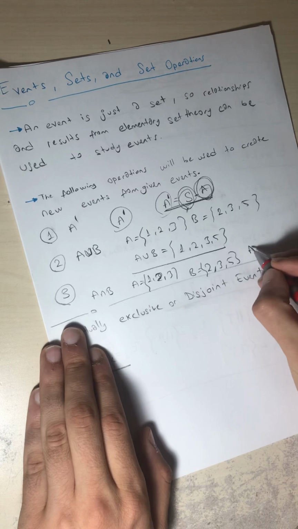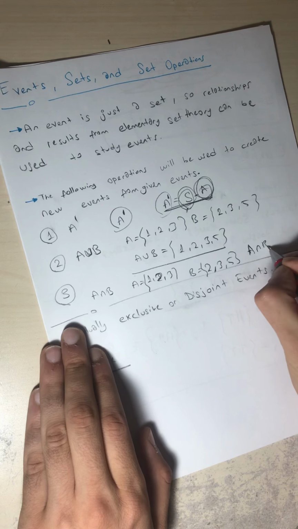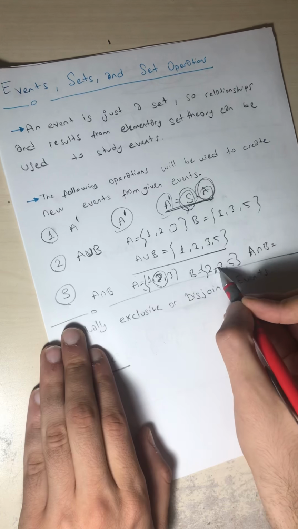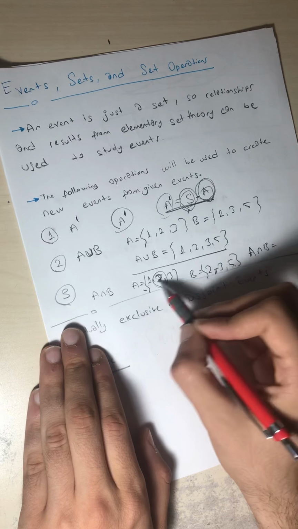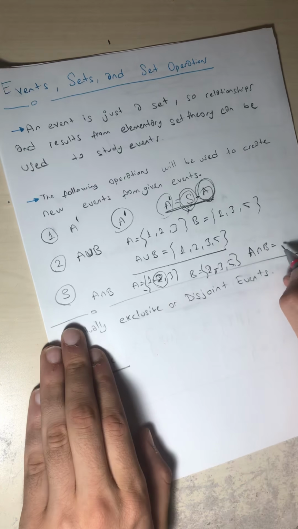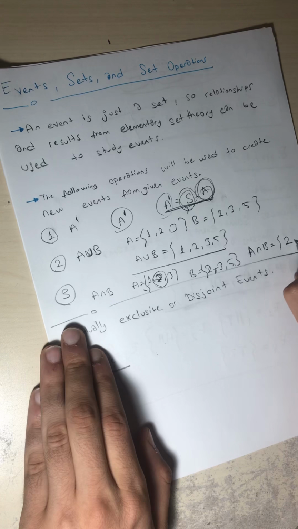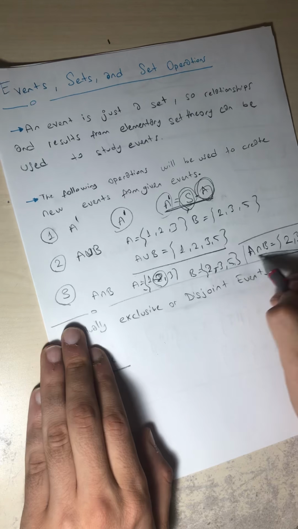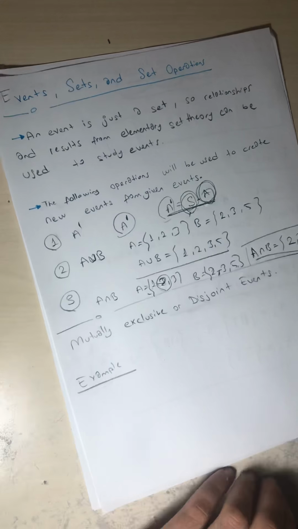Then A intersect B is gonna be equal to, they both must contain these numbers, and that's gonna be 2 and 3. Okay, this is our intersection.